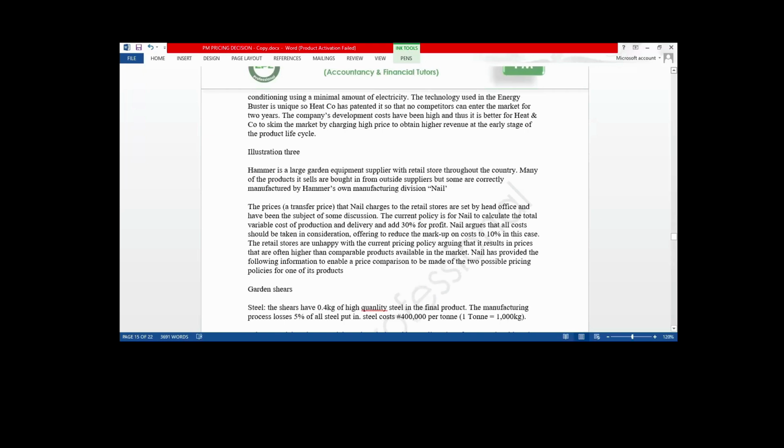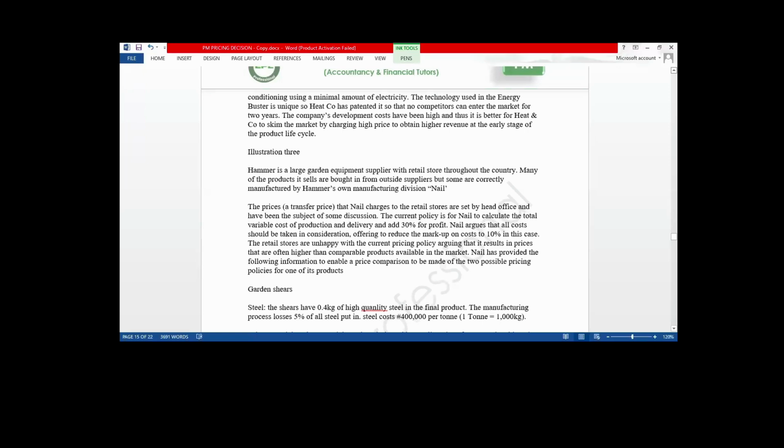Many of the products it sells are bought in from outside suppliers, but some are manufactured by AMA's own manufacturing division, NAIL.